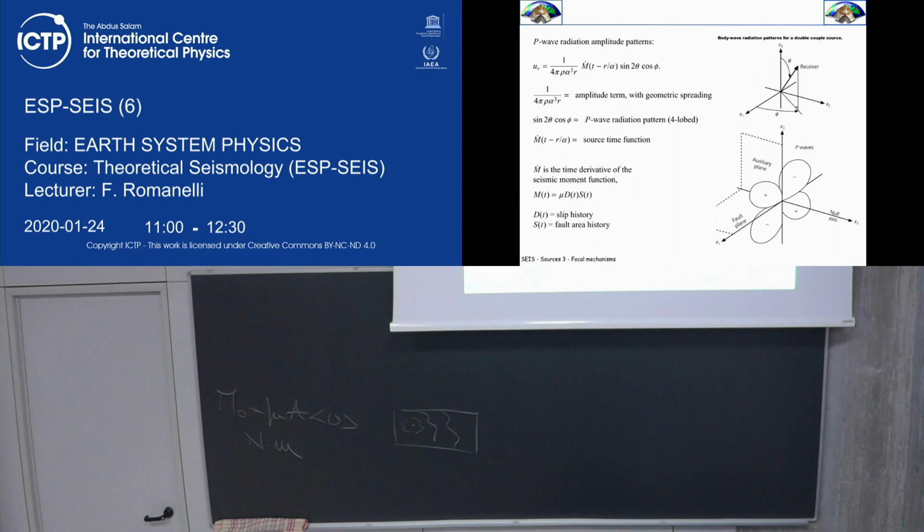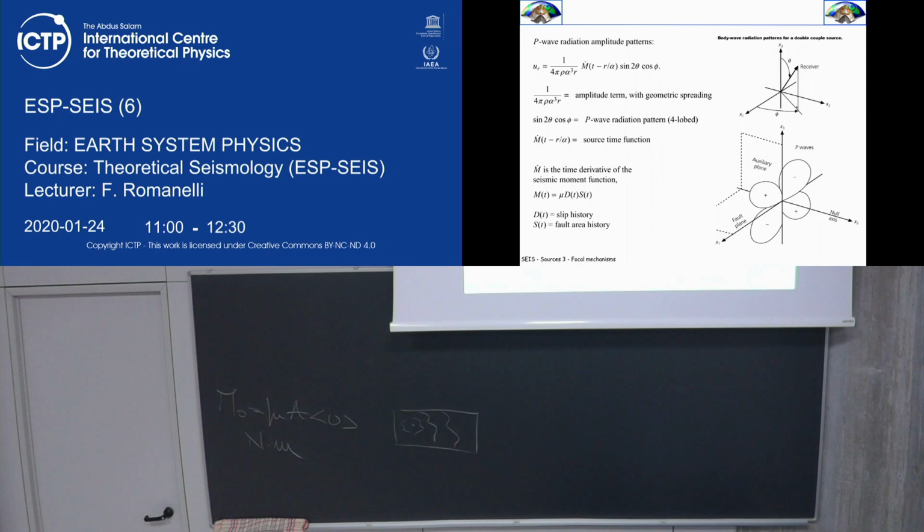Now please use your imagination because along R direction there will be a P wave, and this means compression or dilatation. Then on a plane that is perpendicular to R, so in theta and phi direction, there will be S, as you do remember.